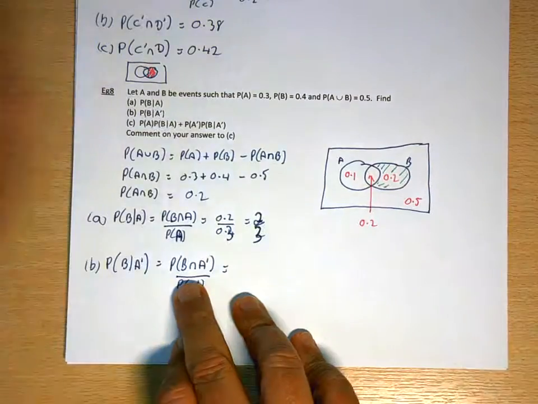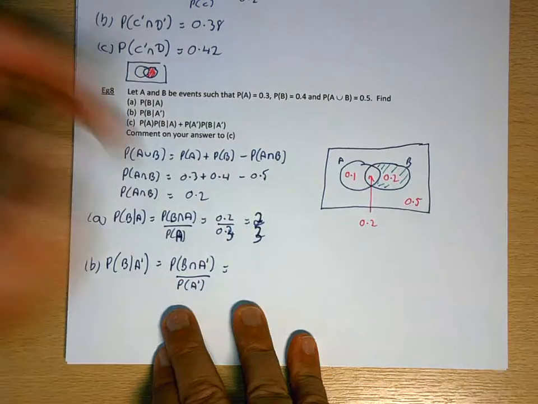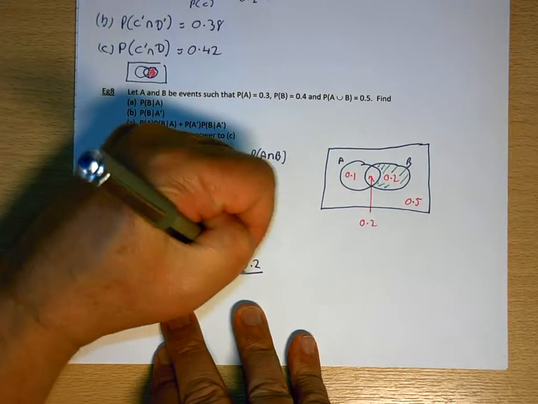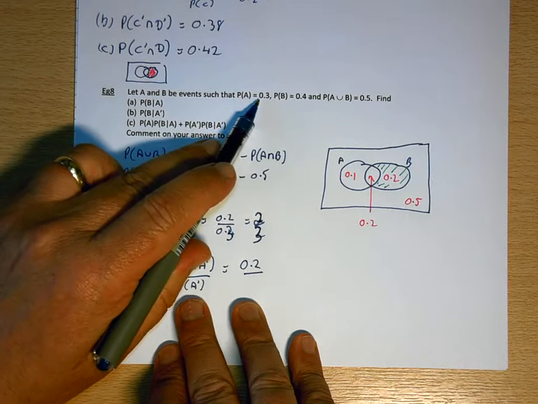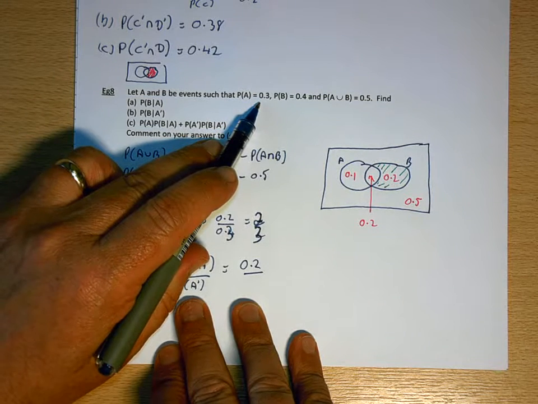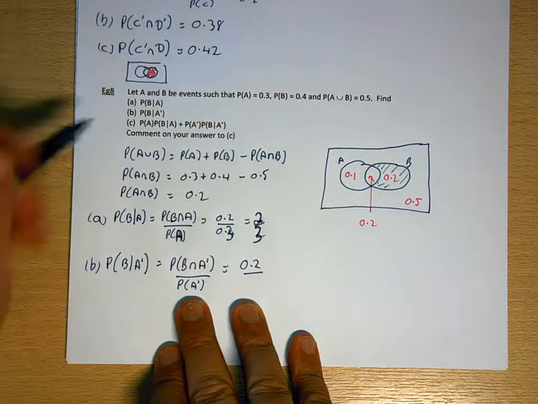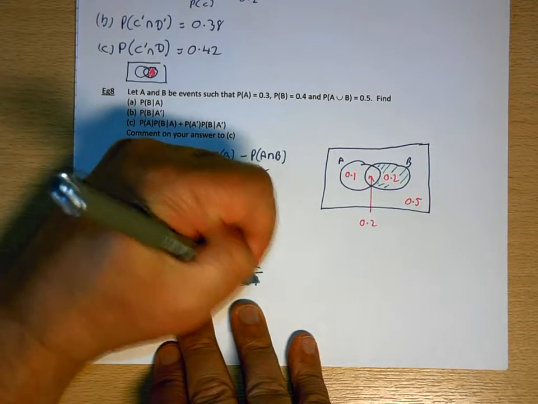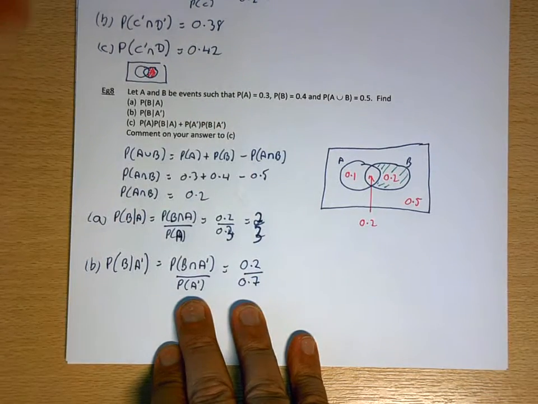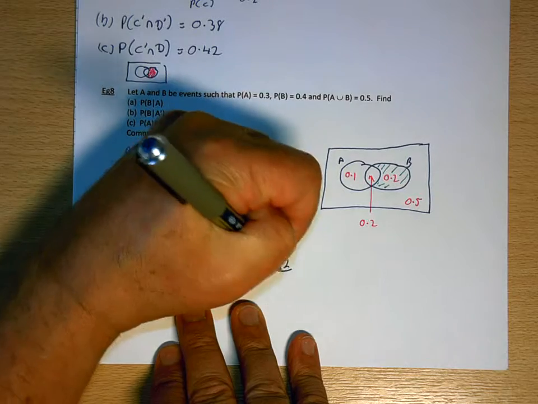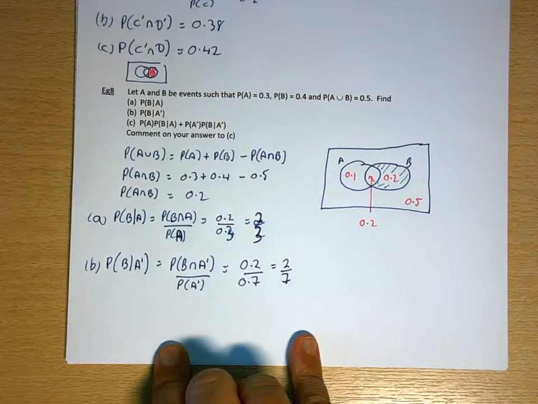So that's going to be your 0.2. The probability of A not occurring will be 0.7, 1 less the probability of it occurring. So that probability is going to be 2/7.